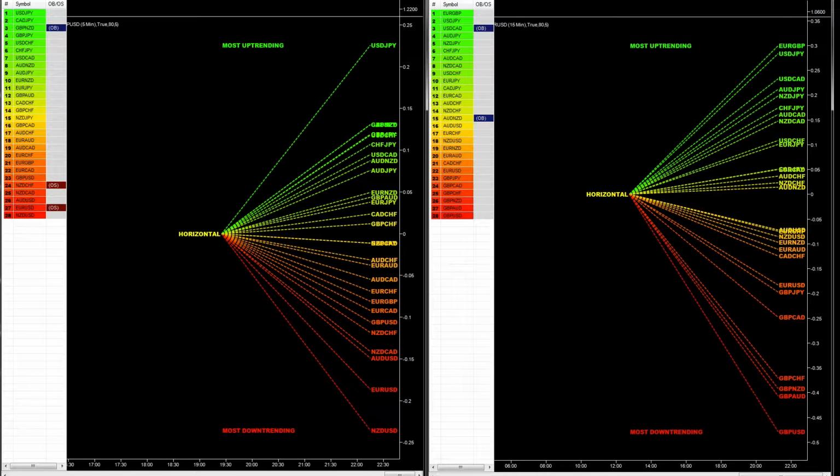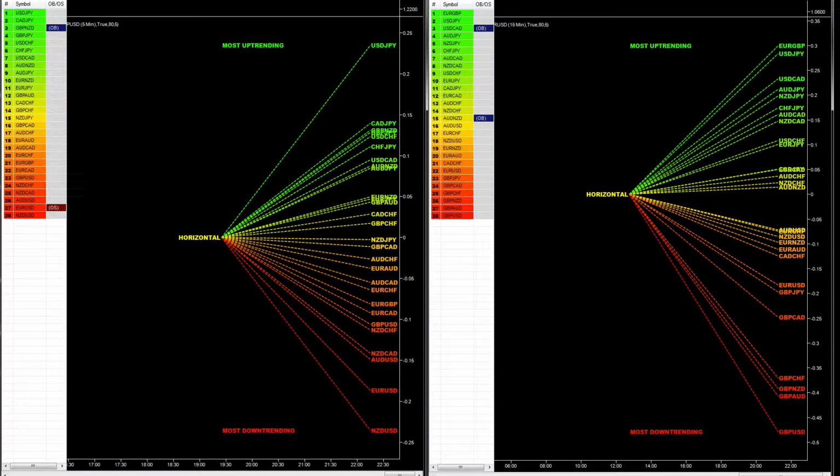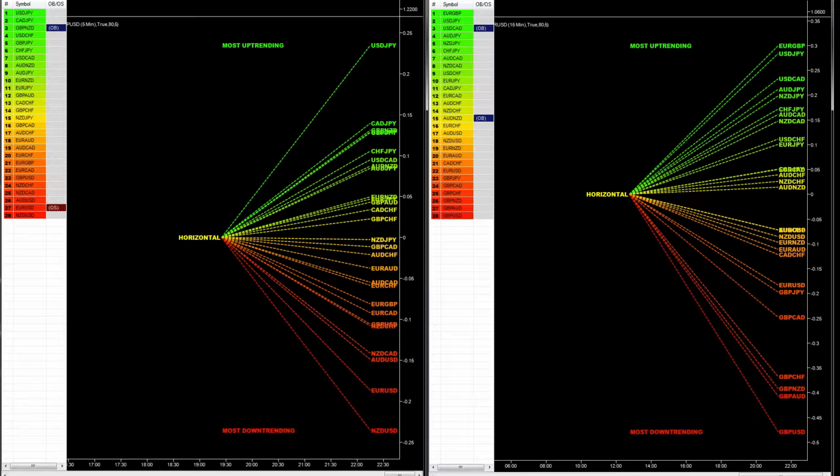What you are seeing on the array is the directional momentum of all 28 currency pairs on one indicator and in any time frame. Priceless. And of course, you can isolate a currency complex by using the toggle buttons alongside to just show the pound-related pairs, for example.